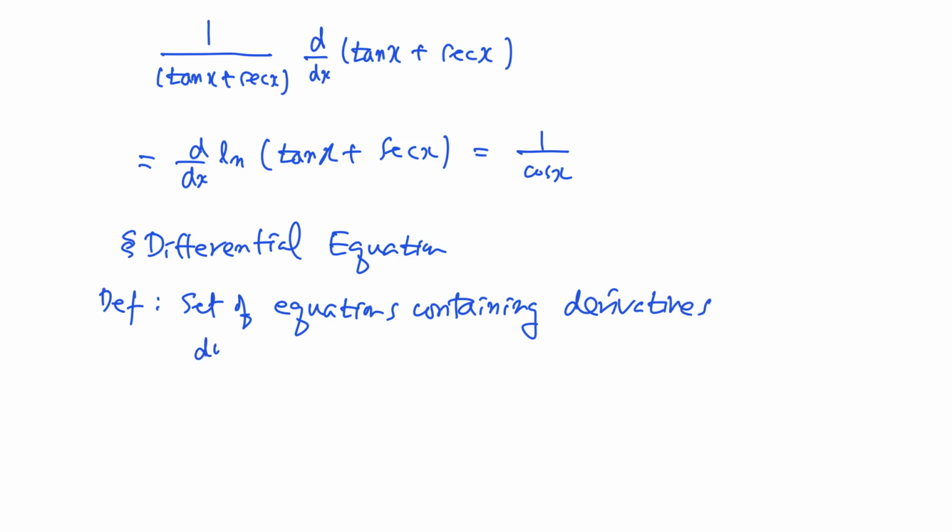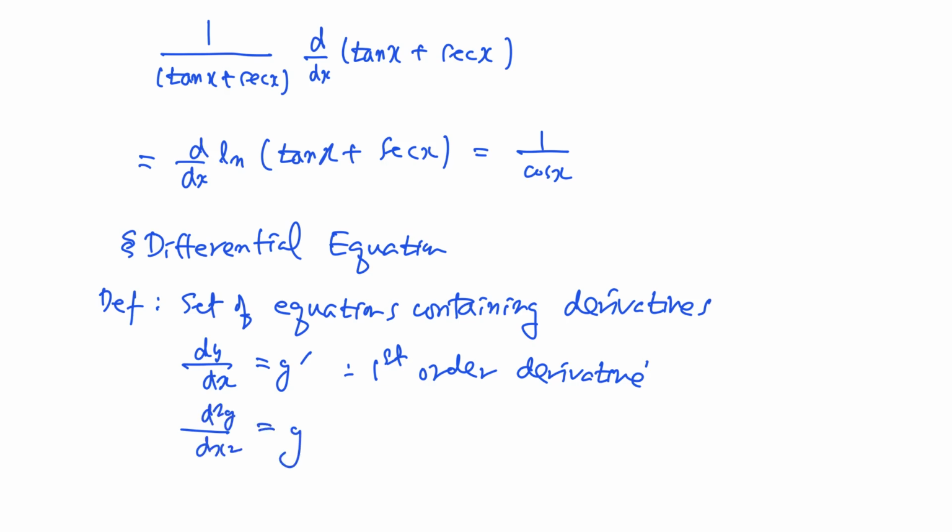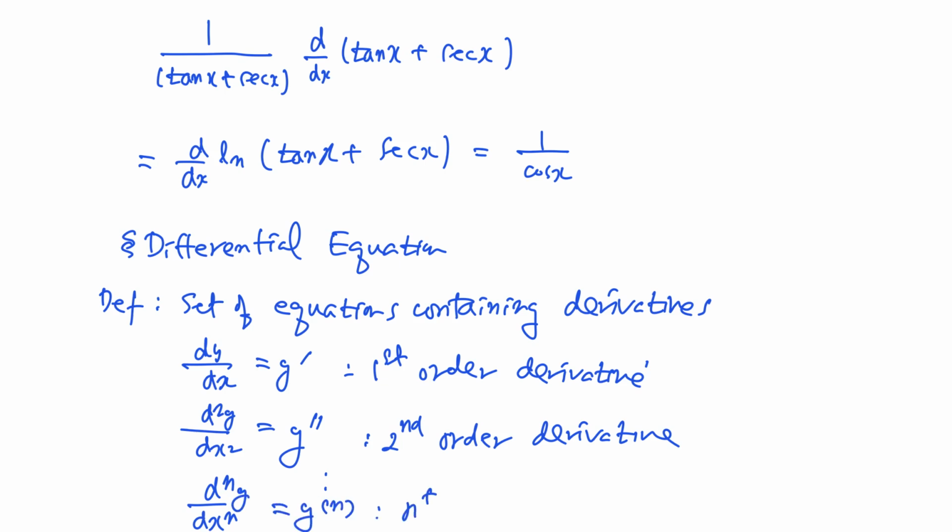So dy/dx, sometimes y prime, is the first order derivative. d squared y over dx squared, sometimes written as y double prime, is the second order derivative. Likewise, d^n y over dx^n, we say y^(n), is the nth order derivative.